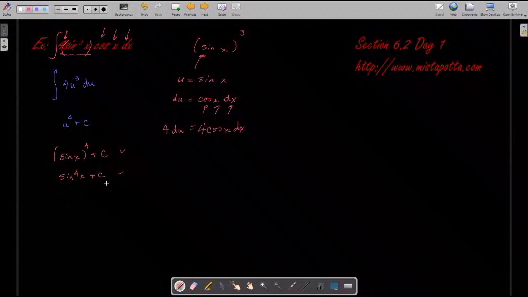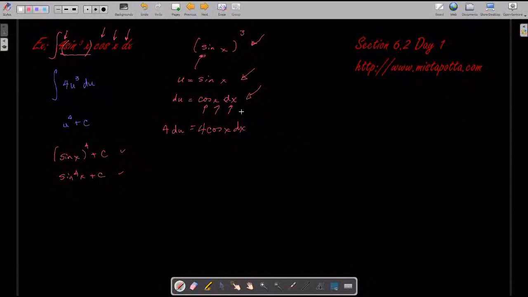Again, notice what the first thing I had to do. I had to look for my composition of functions. I had to identify u being the innermost of that composition. I had to find an expression for the differential du in terms of my differential dx.